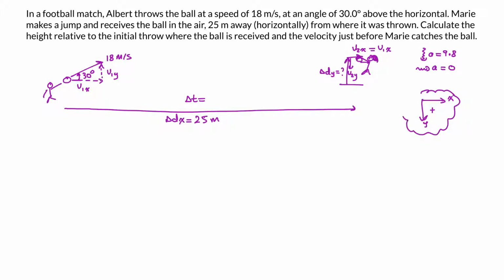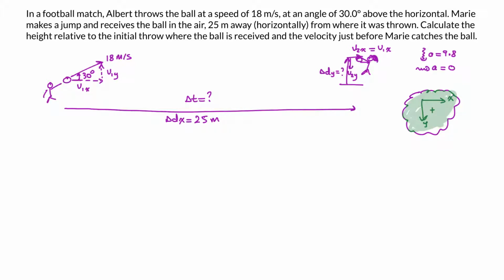I'm going to bubble this in because I'm going to be using it throughout this whole question, and I'll do a nice little green highlight here. Delta t here is also unknown, so I'm just going to put a question mark.